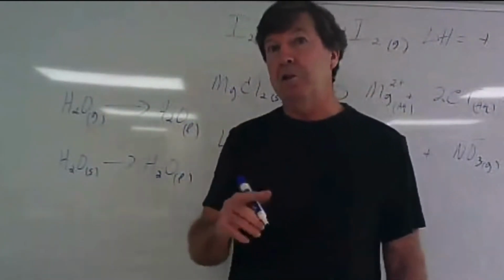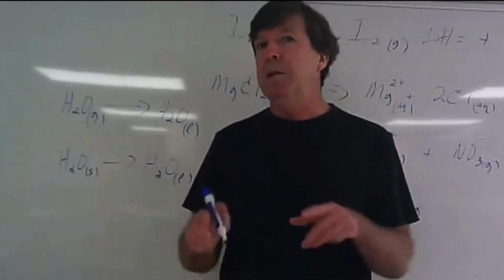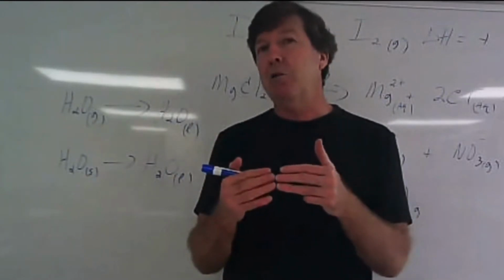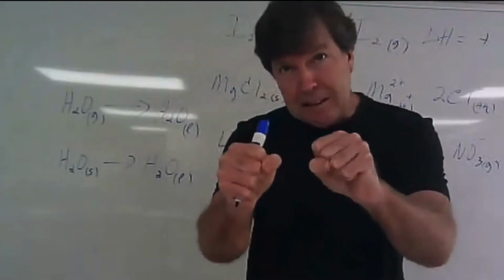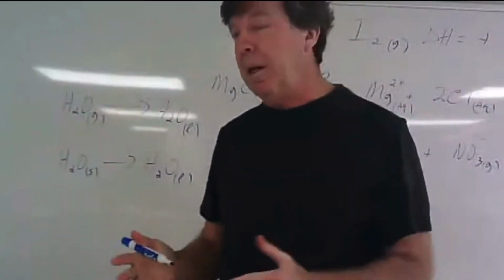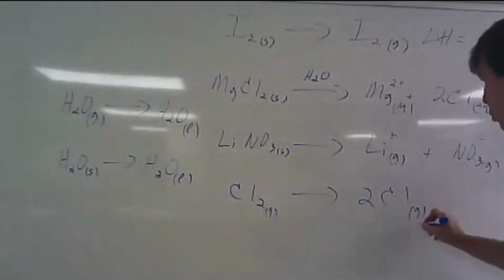All lattice energies are positive because it always requires energy input to separate those ions from each other. They're highly attracted to each other in the solid form, so it takes a lot of energy to separate those and create a gas. So that is positive. What about this one right here?